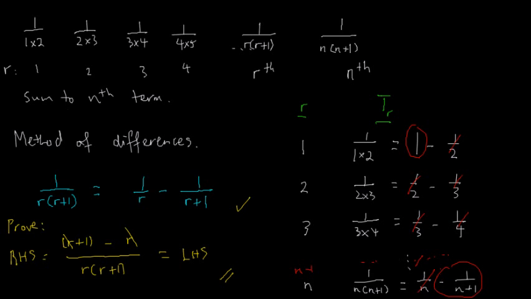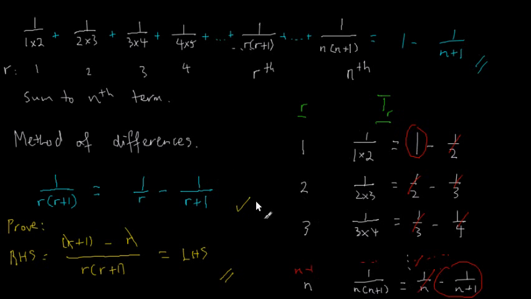Let me quickly write out this conclusion. If I add this to this to this, all the way until here, my answer must therefore be 1 minus 1 over n plus 1. So that's it. I've got the answer by doing this.